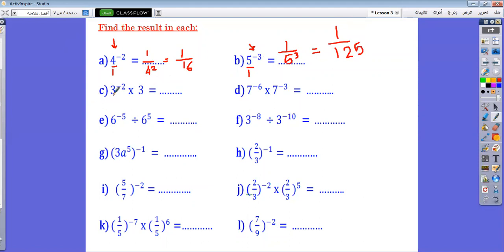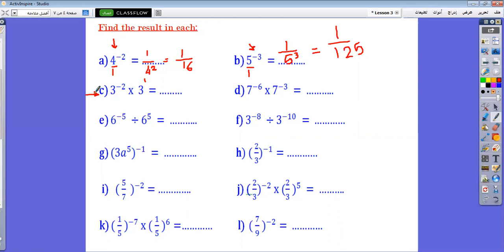Question C: 3 power negative 2 multiplied by 3 power 1. If you have a multiplication or division operation, from my point of view, whether you see a negative or positive power, no problem. Just do the operation first, and after that start to simplify.